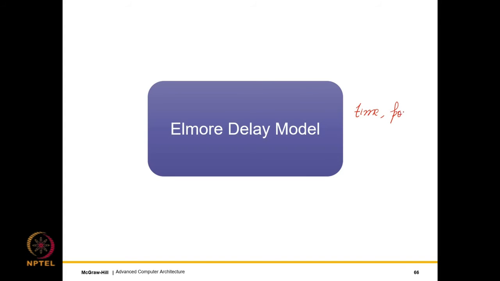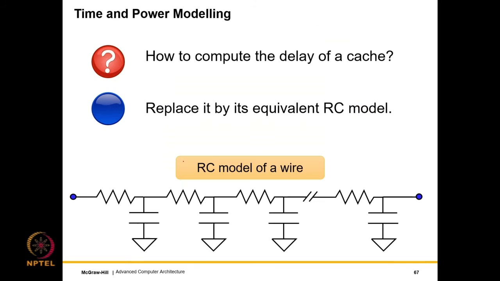So the time and power of a subarray, howsoever you get it. Essentially we take a large array, then we split, and then we take a small one, we further split. Regardless of that, let's say that we come at this particular subarray, what is the time that is required to access it? How do we compute it? This will be given to us by the Elmore delay model.